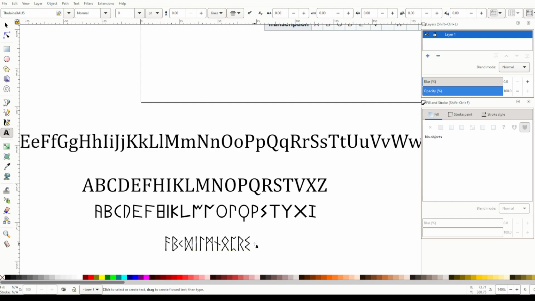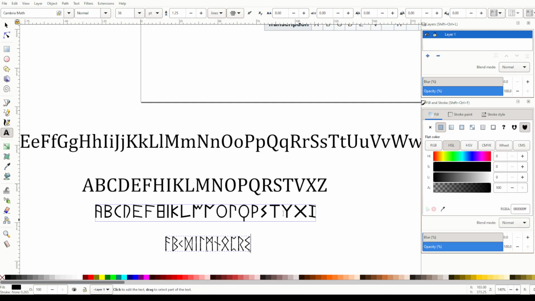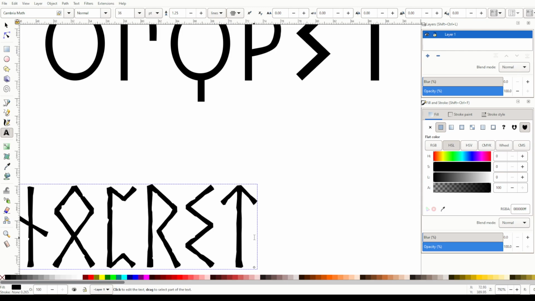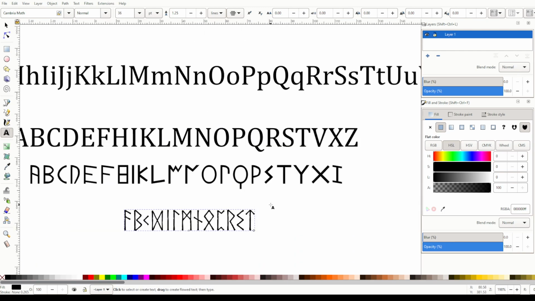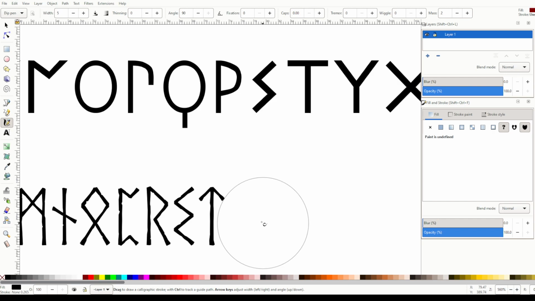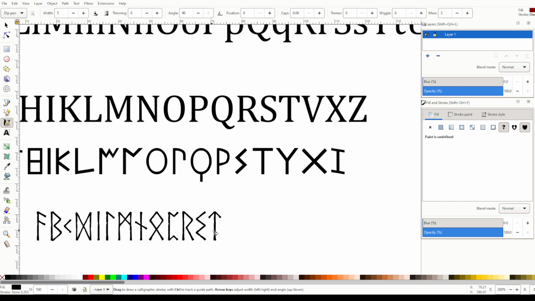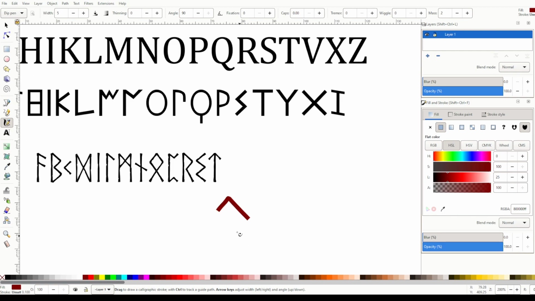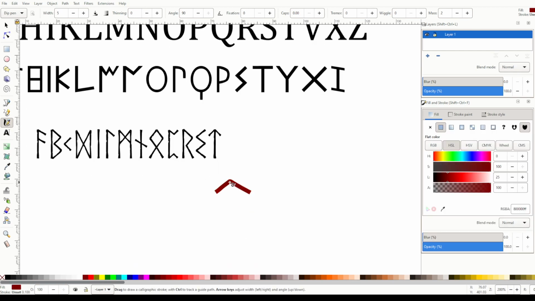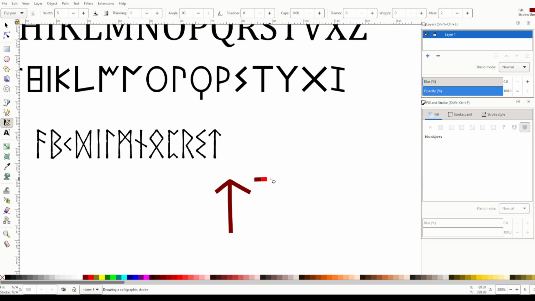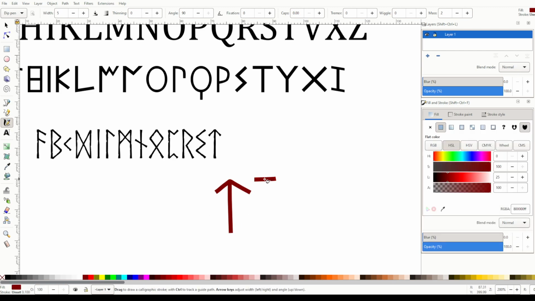Let's see, next one we have is T, which I think looks very similar to T. In the Gothic scripts, it's distinguished, so you have one that looks like this and one that looks like this, and this one is 900, and this one is the letter for T, and also, I believe, 300.